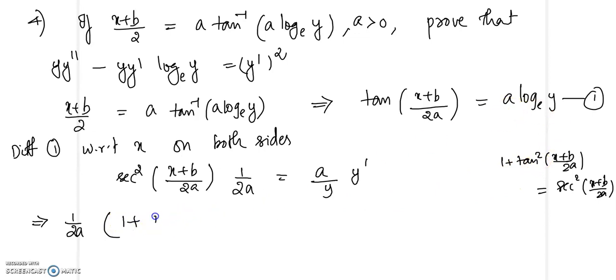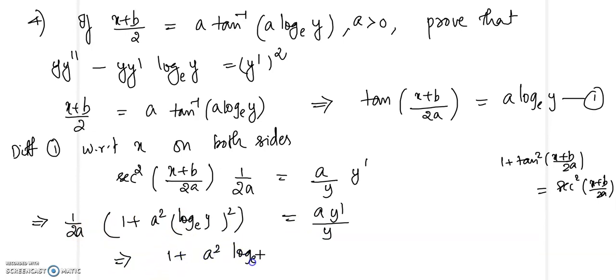Tan square will be a square log y whole square. So that will be equal to a y dash by y. Now let me take 2a to the right side. So you will get 1 plus a square log y whole square equal to 2a square y dash by y. And now let us differentiate once again.